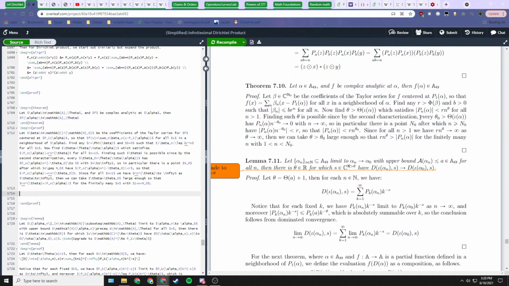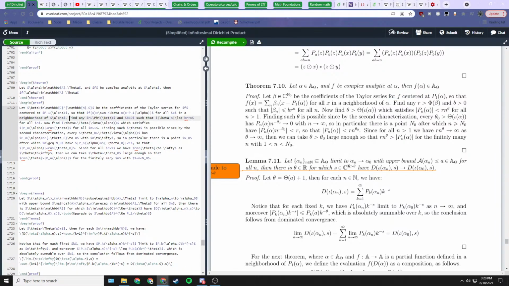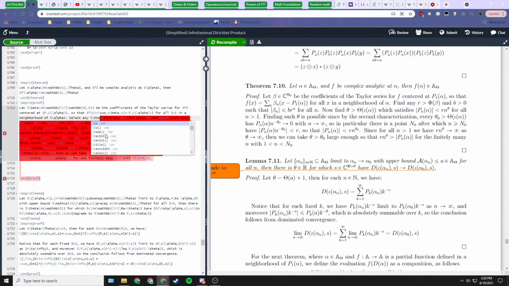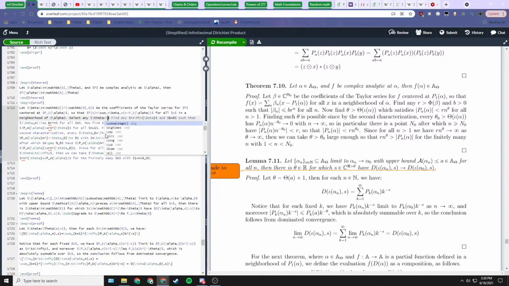Okay, we can maybe do this another way around, actually. Let's do it this way. We'll select any theta strictly greater than capital theta iota alpha.